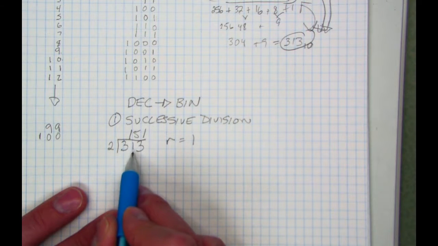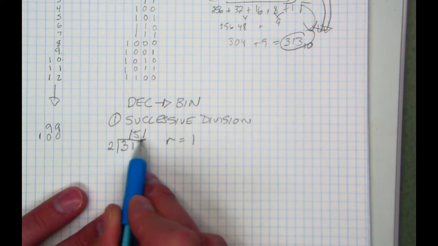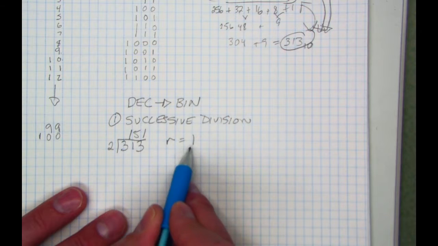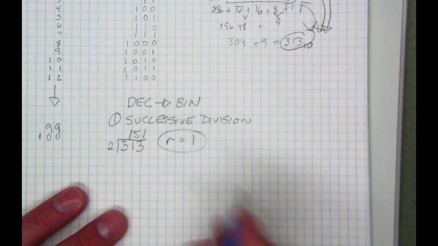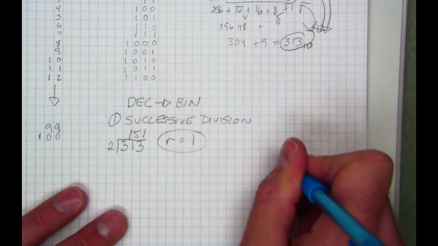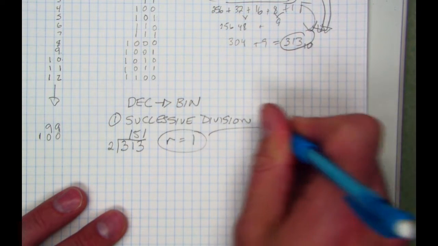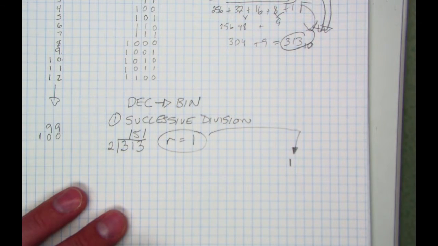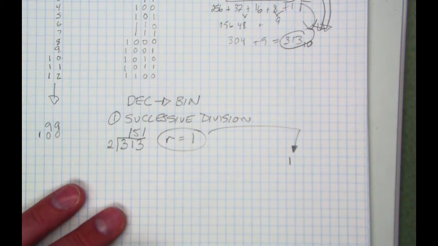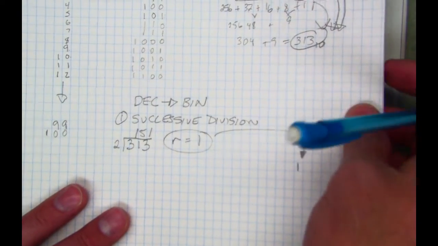If it was 312, it'd be 156. But this is 313, so it's 156 with 1 left over. This remainder is important because this is my first binary bit. This comes over here and becomes my first binary bit. So all of our remainders are going to be our binary numbers.